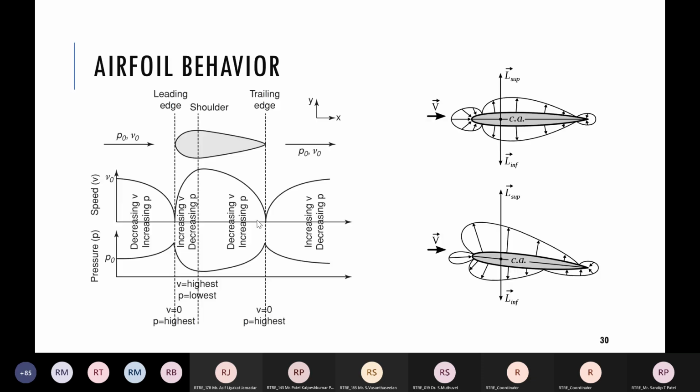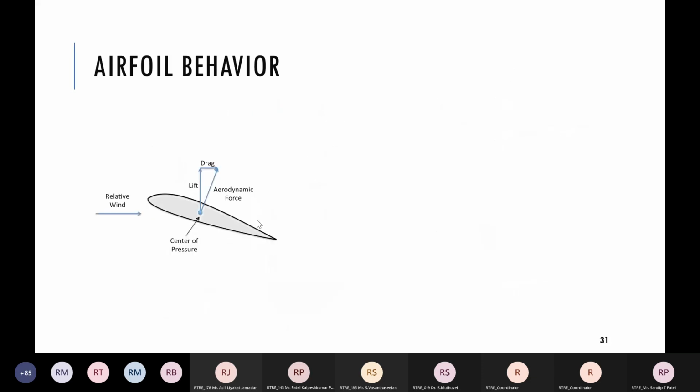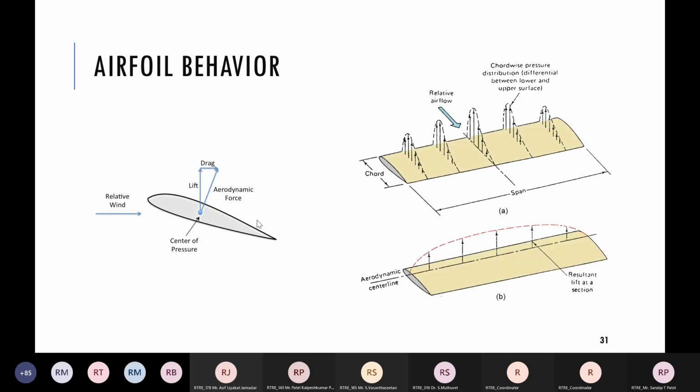So you have seen this 2D representation of lift throughout the surface. This is a two-dimension theory, the essence of two-dimension theory, where we are assuming that the length of our airfoil is infinite, but in actuality it is not infinite. Our airfoil has finite length. So in actuality it looks something like this. Fine.